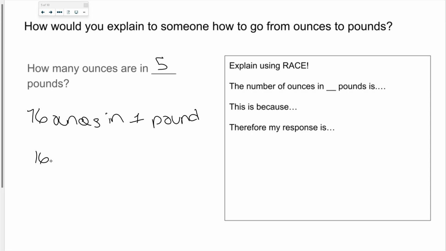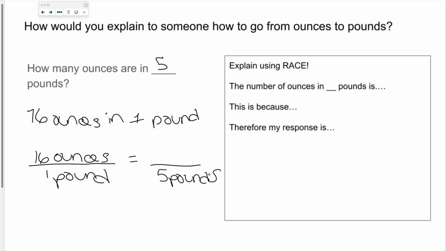There are 16 ounces in 1 pound, but we want to go to 5 pounds. So to go from 1 pound to 5 pounds, we multiply by 5. 16 ounces times 5 is 80 ounces.